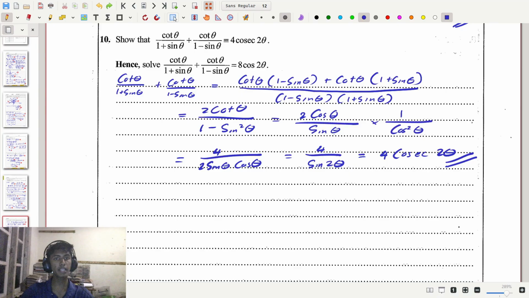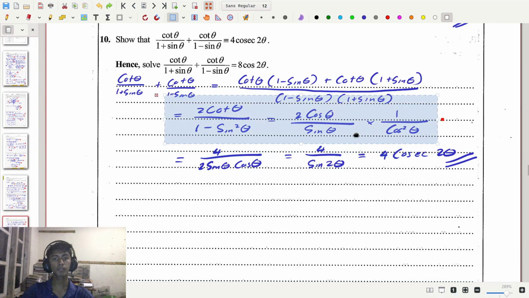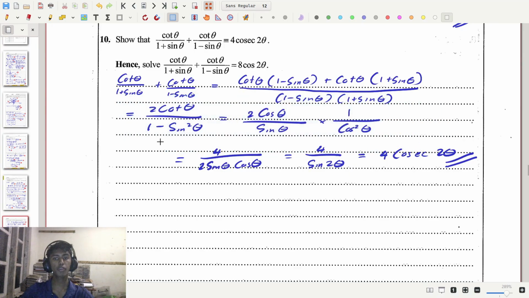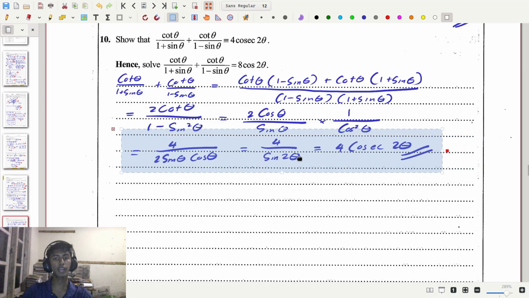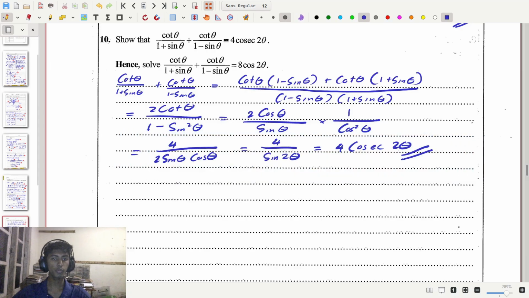So I could take this all and move it to the upper line and write as a summary that we have proven that cotangent of theta divided by 1 plus sine theta plus cotangent of theta divided by 1 minus sine theta is equivalent to 4 times the cosecant of 2 theta.